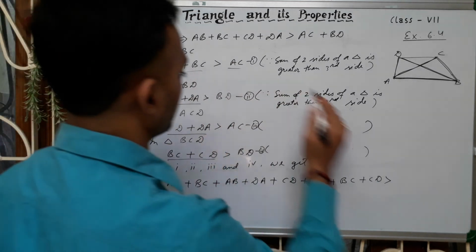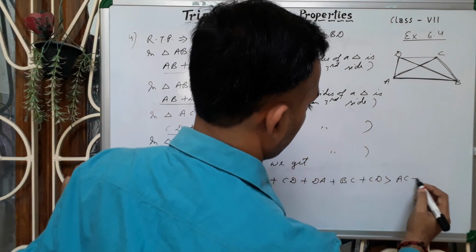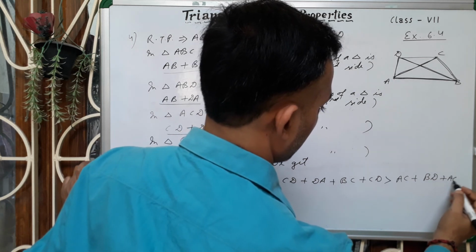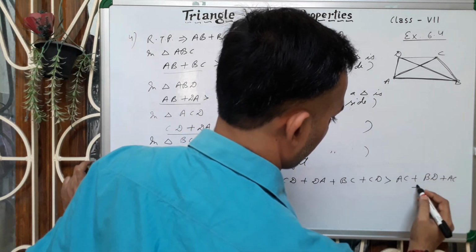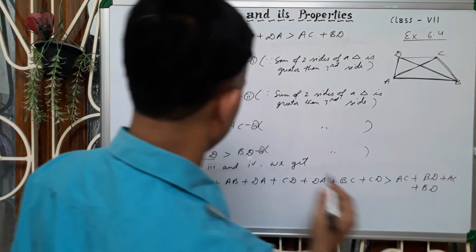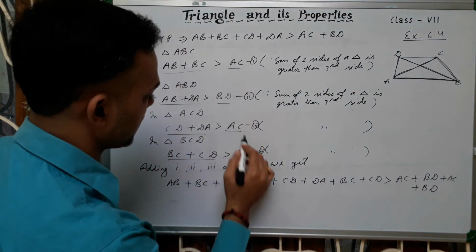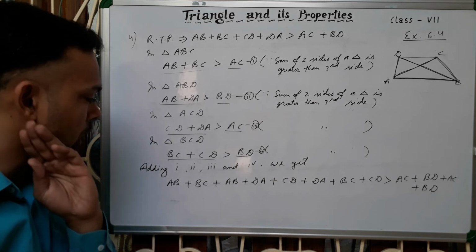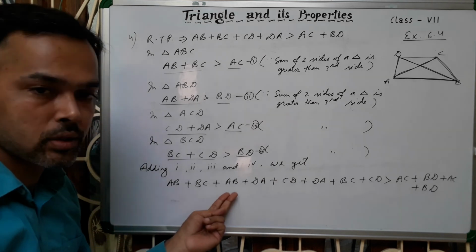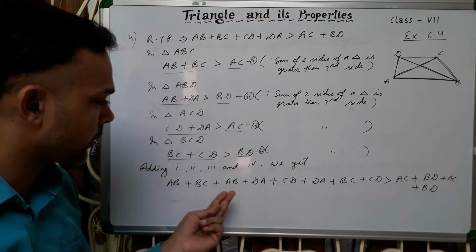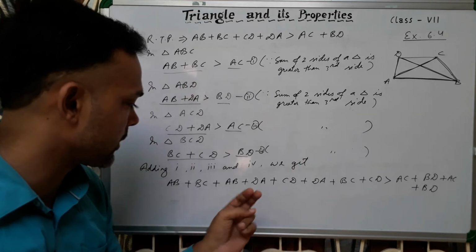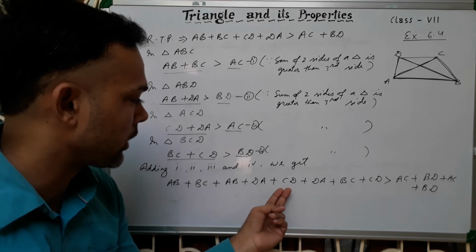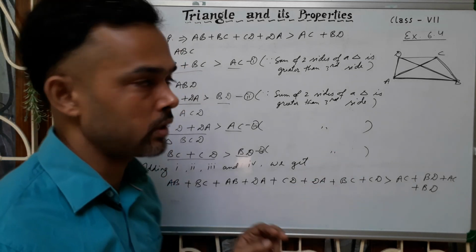Now let us take of this side AC plus BD plus AC plus BD. Now you are observing that AB is 2 times, BC is 2 times, DA is 2 times, and CD also is 2 times.